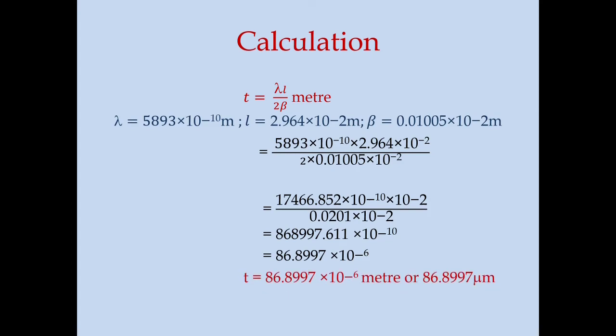So I get 86.8997 into 10 power minus 6, because the thickness of the object which I have used is measured in microns. The thickness of the hair is measured in microns, so I have brought the power to 10 power minus 6.